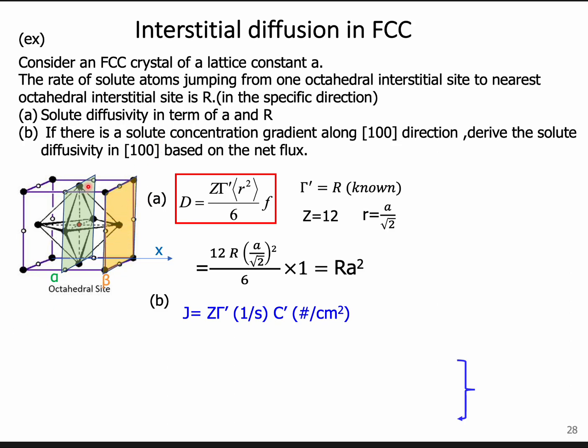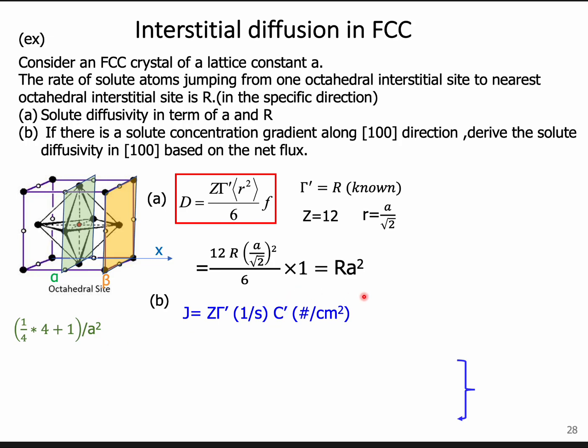So based on the previous check, first of all, in order to know the flux, you need to know the C-prime, the area density. So the area density of the interstitial sites on the alpha plane, we get 4 times a quarter plus 1, divided by the area A times A, so we get 2 divided by A squared.